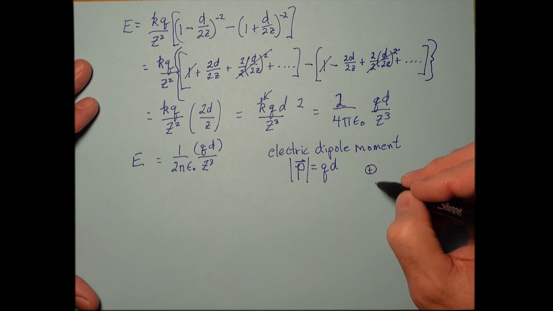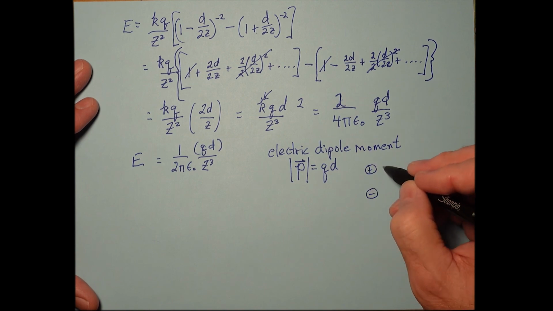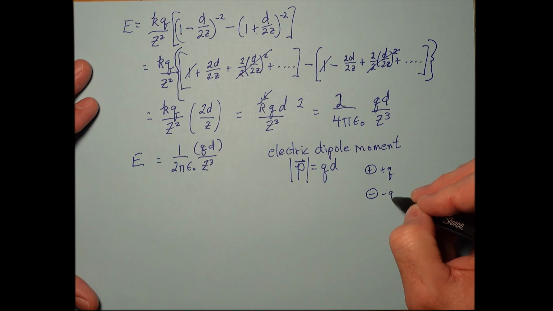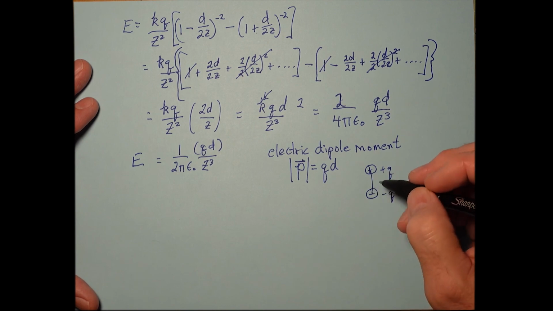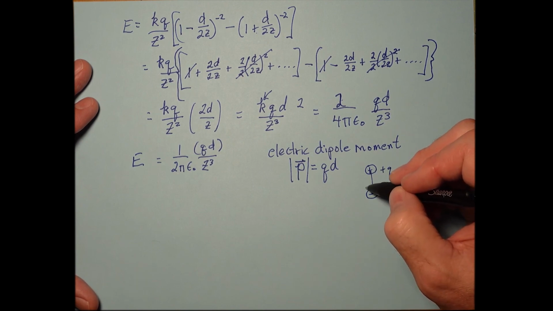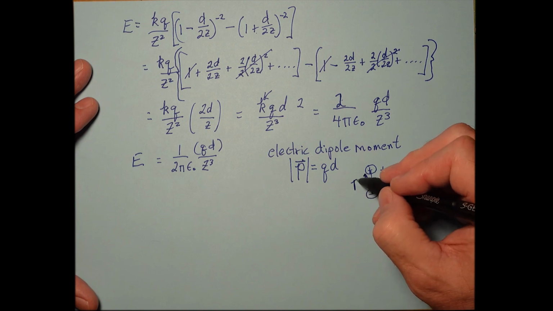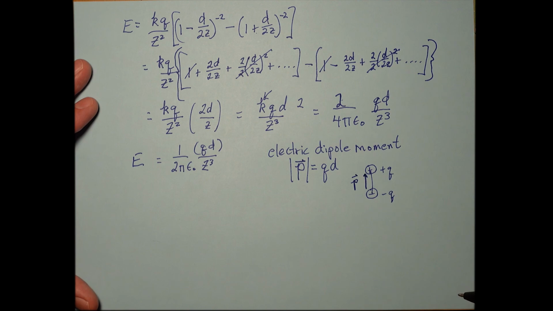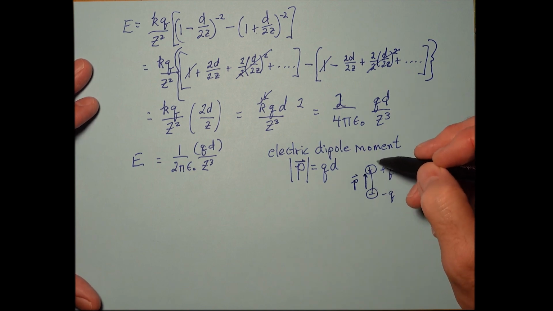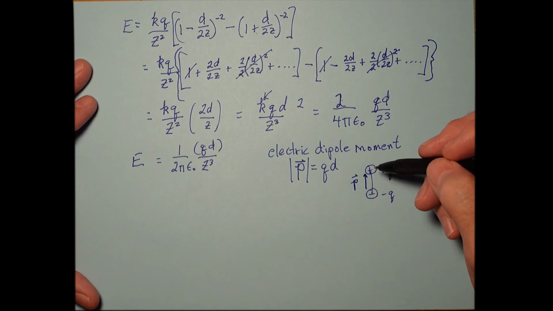So if this is the positive, that's the plus Q, and here's the minus Q that makes up the molecule, then P always points from the negative to the positive. So that's the direction of P, always from the negative to the positive of the dipole.